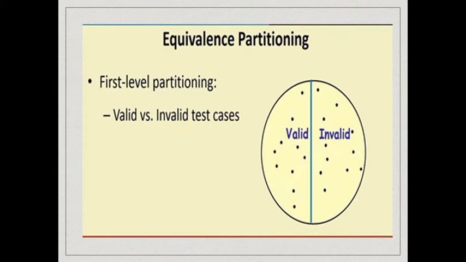Now let's continue our discussion to identify the equivalence classes. We can say that there are two types of equivalence classes: one is the valid set of equivalence classes and the other is the invalid set. The first task is to identify the valid and the invalid equivalence classes.